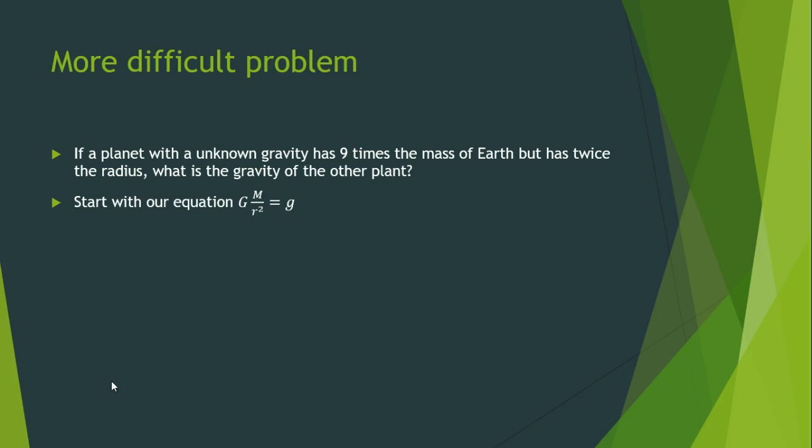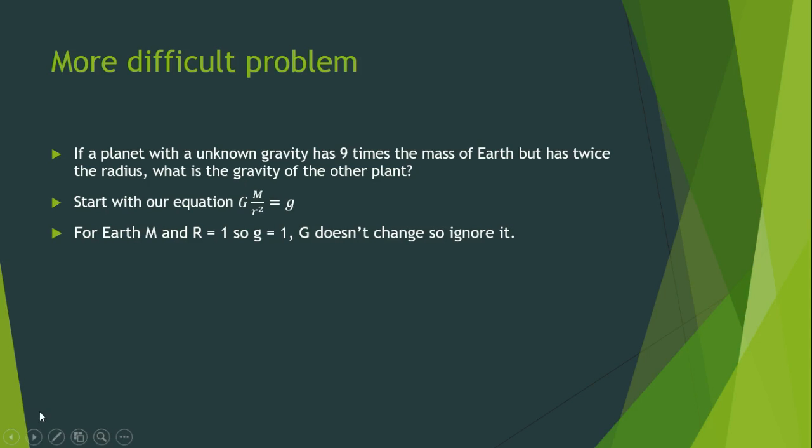So we start out with our equation here: big G, big M over R squared. For Earth, let's call the radius and mass 1. So technically gravity equals 1 because 1 over 1 squared is just 1.